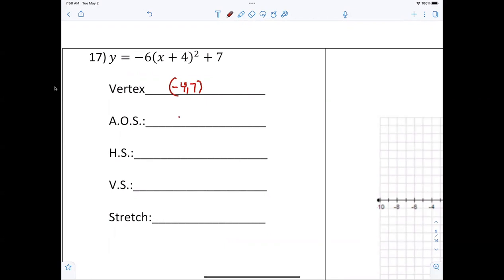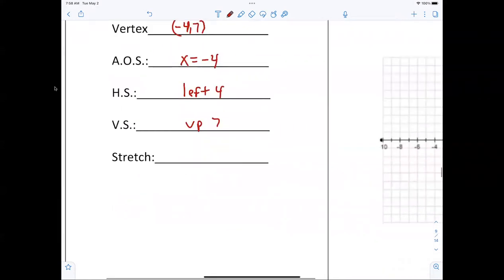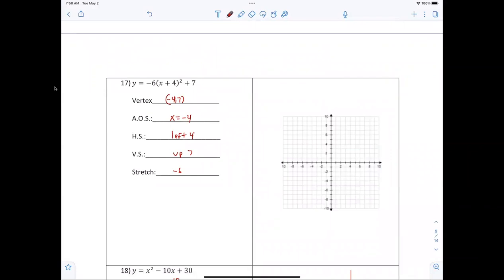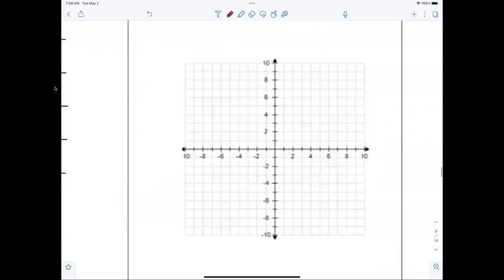The axis of symmetry would be x equals -4. Beautiful. You have a horizontal shift of left 4, and your vertical shift is up 7, and we have a stretch by a factor of -6. The negative just indicates that it's going down. So everybody goes to -4, 7 and plots that point.